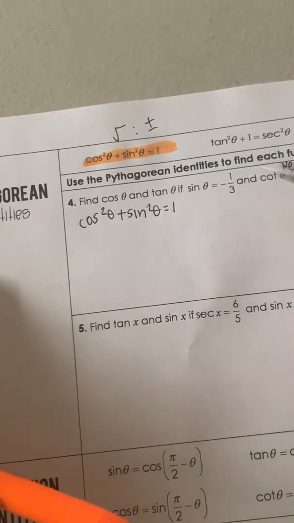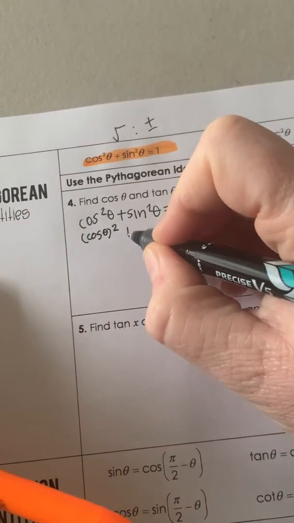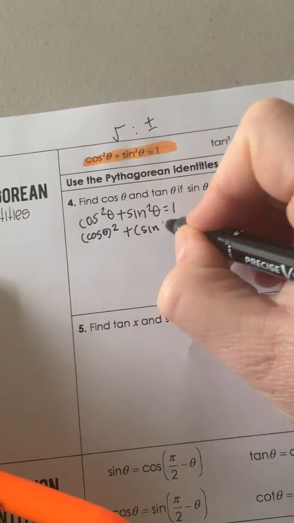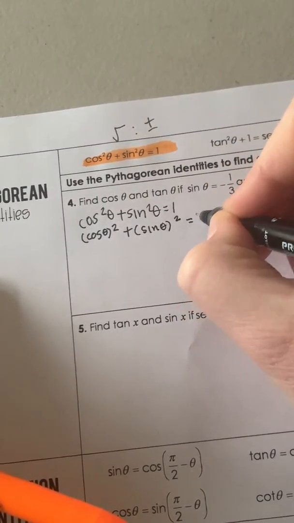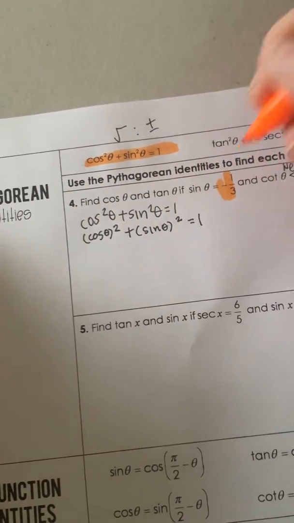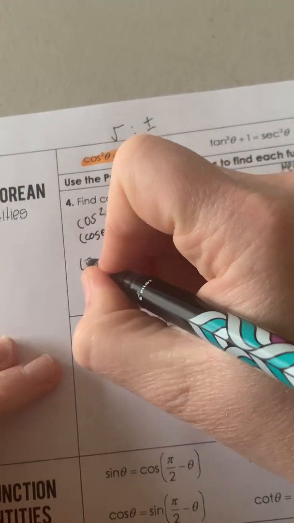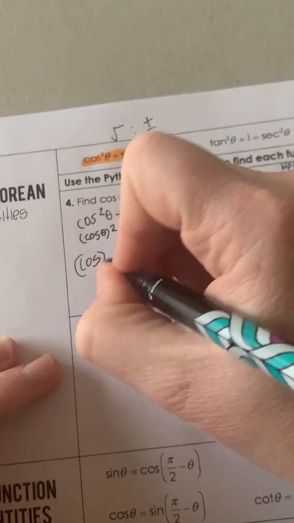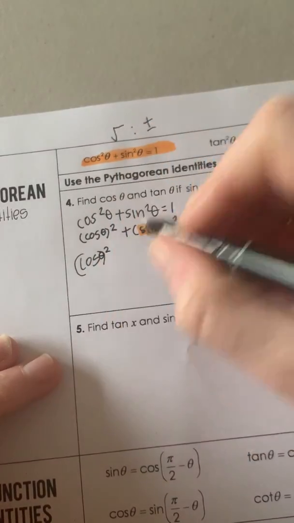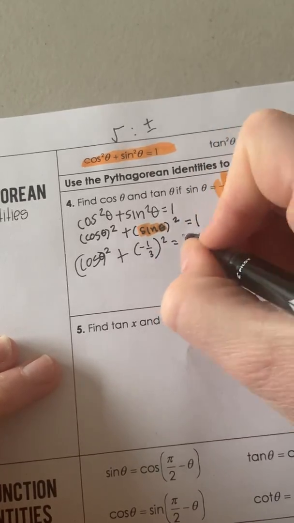Okay, and what this really means is cosine theta squared plus the value of sine theta squared equals 1. Okay, and if I know that sine theta is -1/3, I'm going to plug that in here. So I'm at cosine theta squared plus -1/3 squared equals 1.